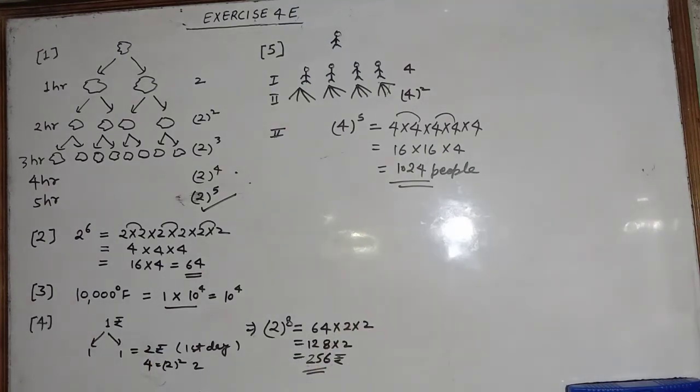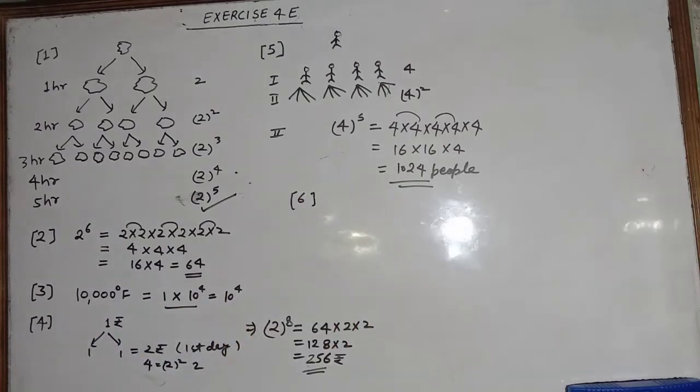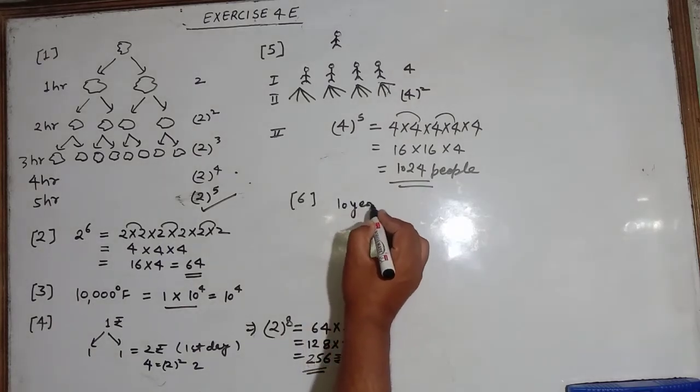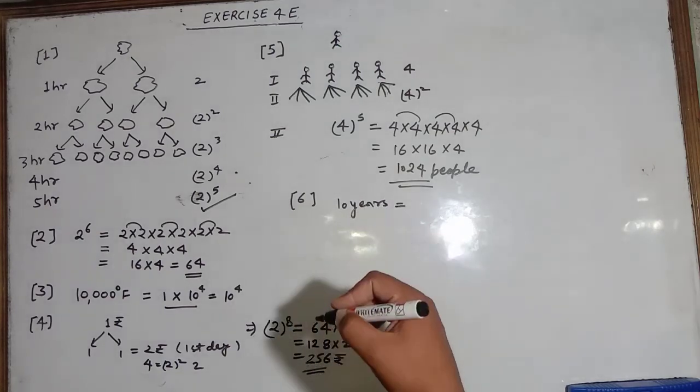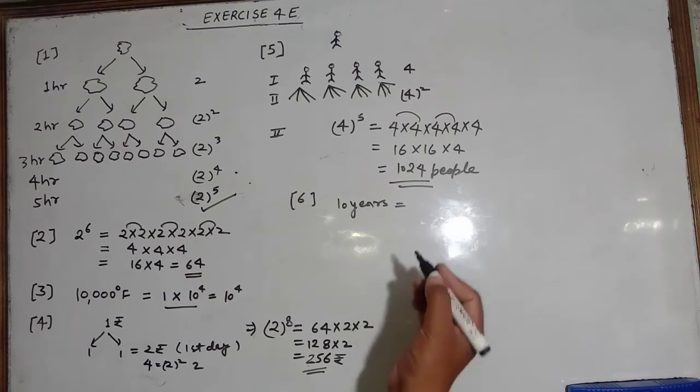Question number 6 is: the population of a certain town triples every decade, meaning in 10 years the population triples.